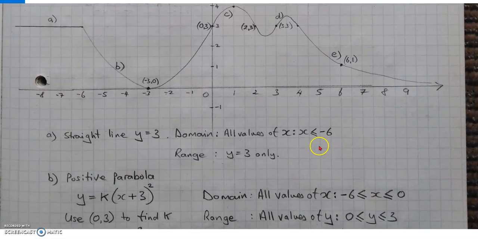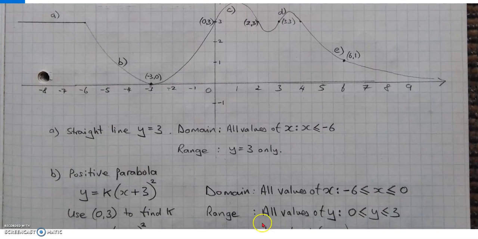The range, you read it like this: all values of y such that 0 is less than y, which is less than or equal to 3. So this is stating that y is in that range of values from 0 to 3 only.